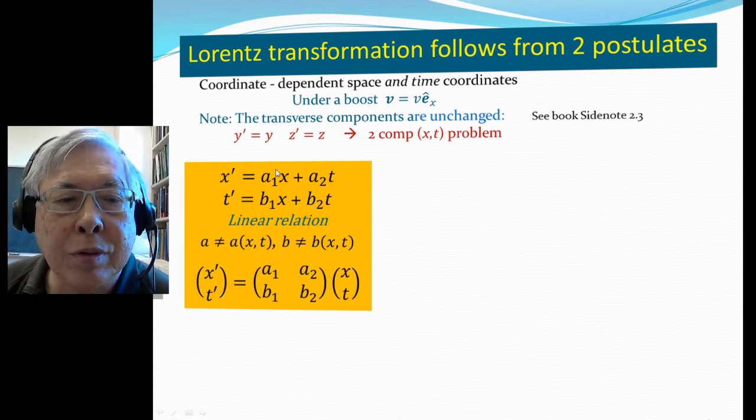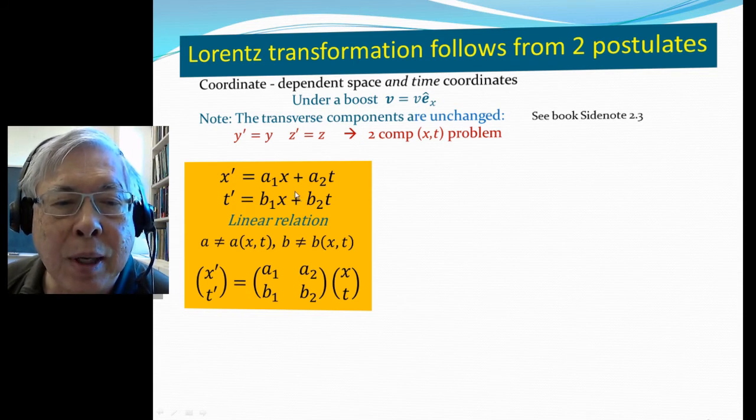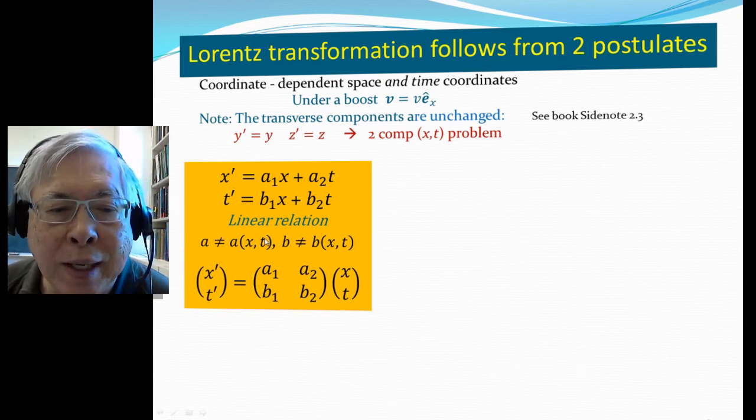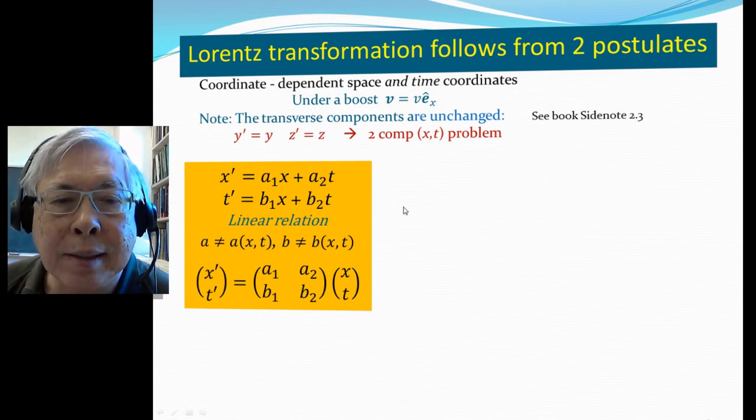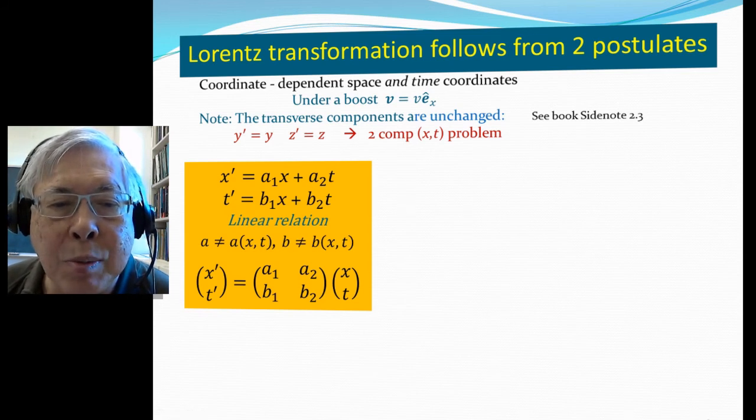So we're interested in how to express x prime, t prime in terms of x, t. We claim that must be a linear relation, meaning the coefficients a1, a2, b1, b2 must themselves not depend on x, t, in which we made the assumption that space is homogeneous and the progression of time is uniform.